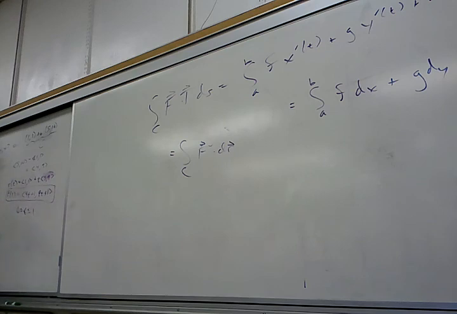So then I take my force field, my vector field, and I write it in terms of those. So what will that be? 9t plus 1, 4t plus 1. Now, in order to do this, if you remember, it's really F of r(t) dot r prime of t, dt, right? So F with the t's in it, dotted with r prime, dt.